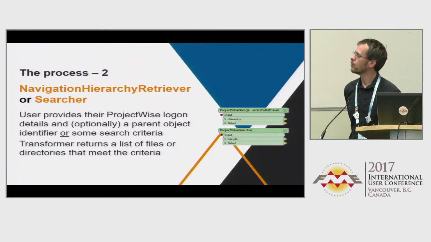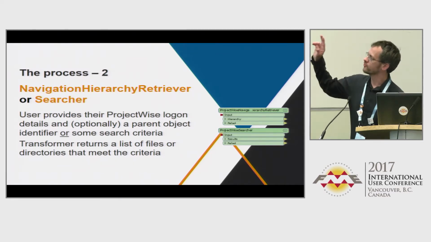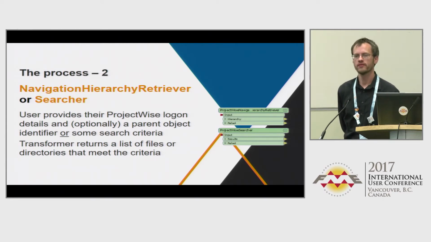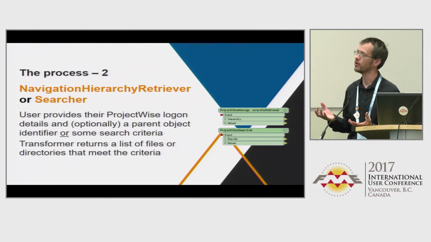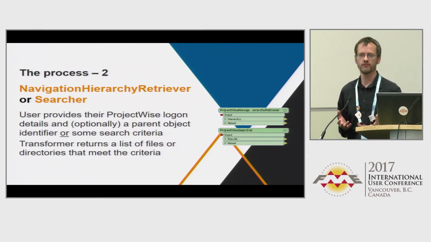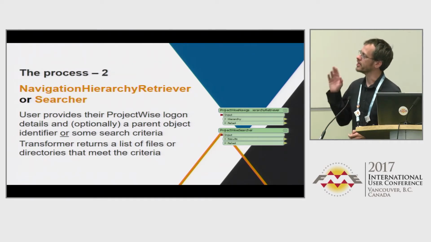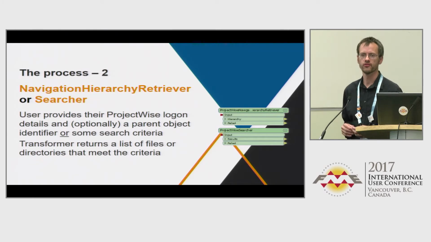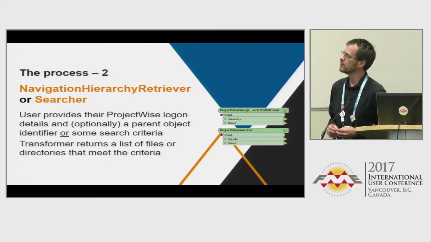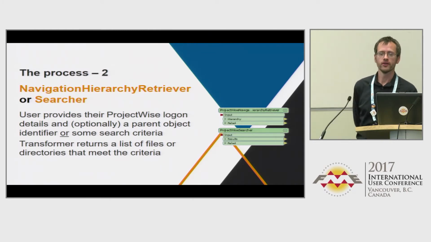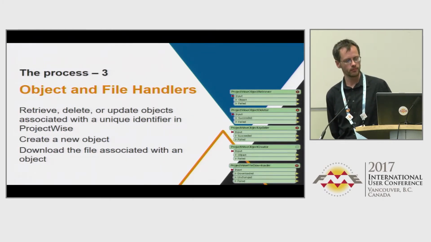And it will go away and pull back, in the case of the top one, the full navigation hierarchy, either for the top level of ProjectWise, if you give it no parameters, or for a particular folder within ProjectWise, if you tell it that that's what you want to look at. And in the case of the searcher, you use various conditions to search for a particular file name. So it's all sounding quite easy so far, isn't it? It gets a bit more complex than that, I'm afraid.